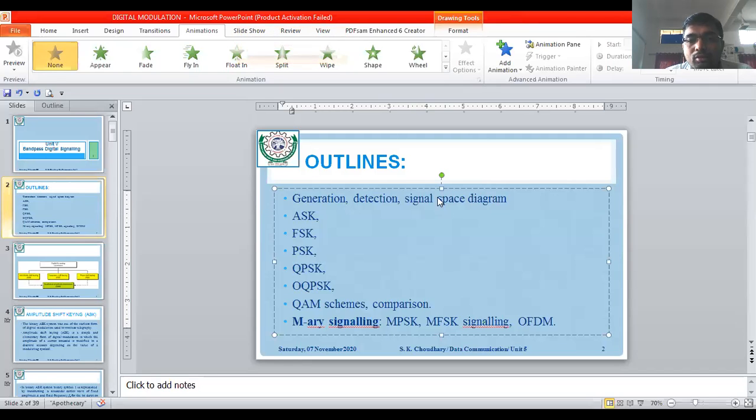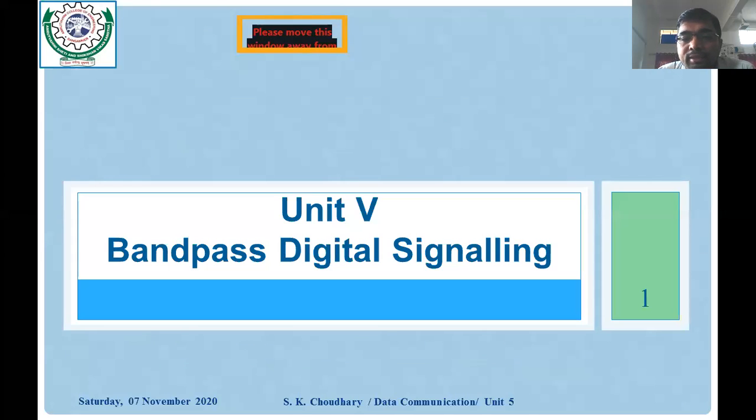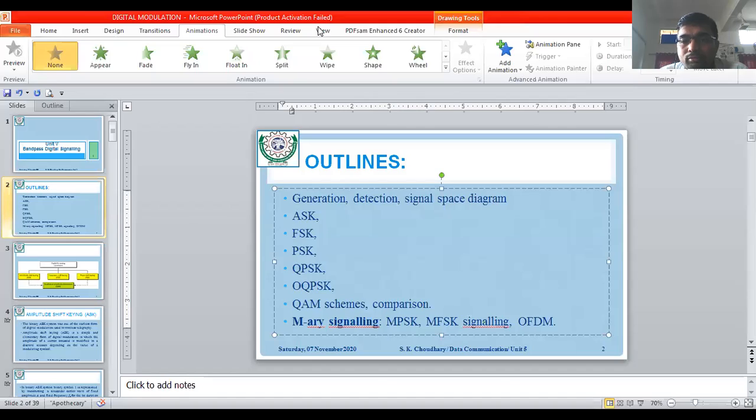Okay, so this is the new unit that we are going to talk about, unit number 5, bandpass digital signaling. In unit 4 we learned about baseband signals. Now we are going to learn bandpass digital signaling.